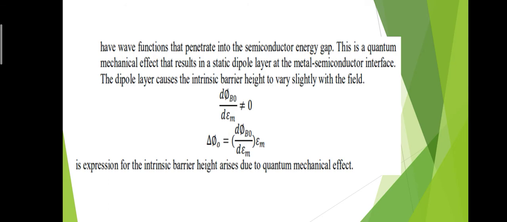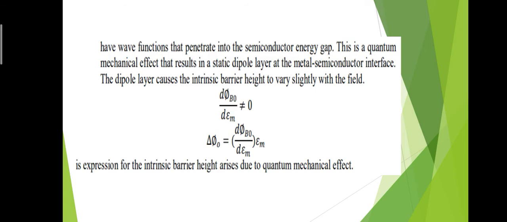So the barrier height is not constant. We can write this in mathematical form. Phi b0 is nothing but the barrier height, and this barrier height varies with respect to the field, here epsilon m.